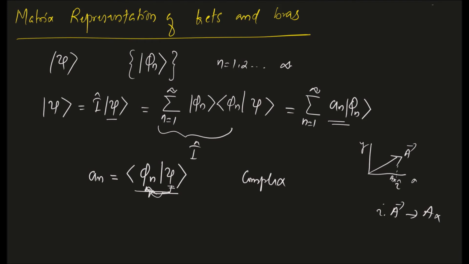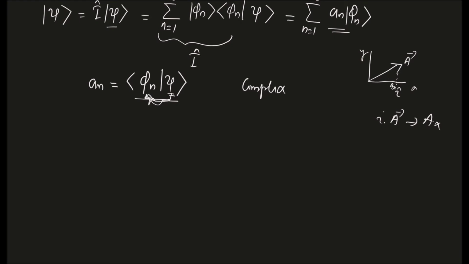So within the basis phi n, the ket psi can be represented by a set of coefficients a1, a2, a3, etc. along phi 1, phi 2, phi 3, etc. respectively. So a1 is the projection of psi along the phi 1 direction, a2 is the projection of psi along the phi 2 direction, a3 is the projection of psi along the phi 3 direction, and so on.